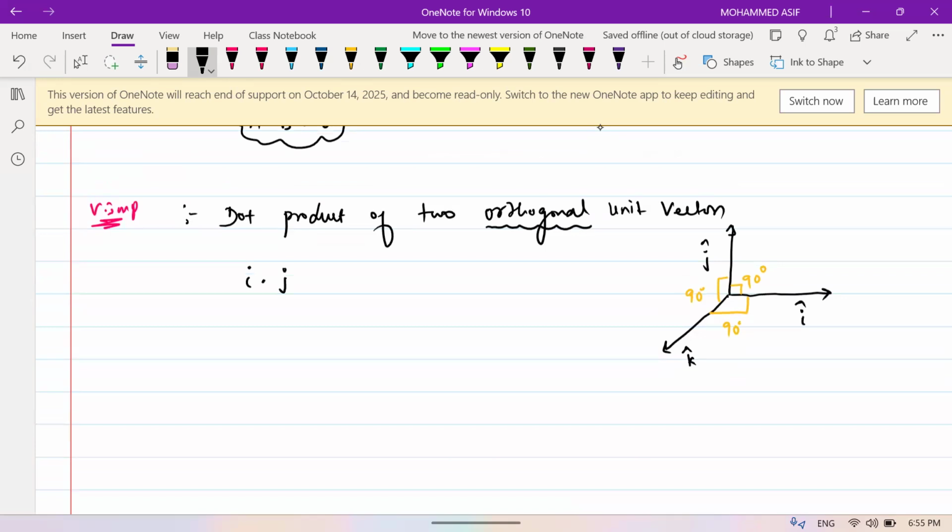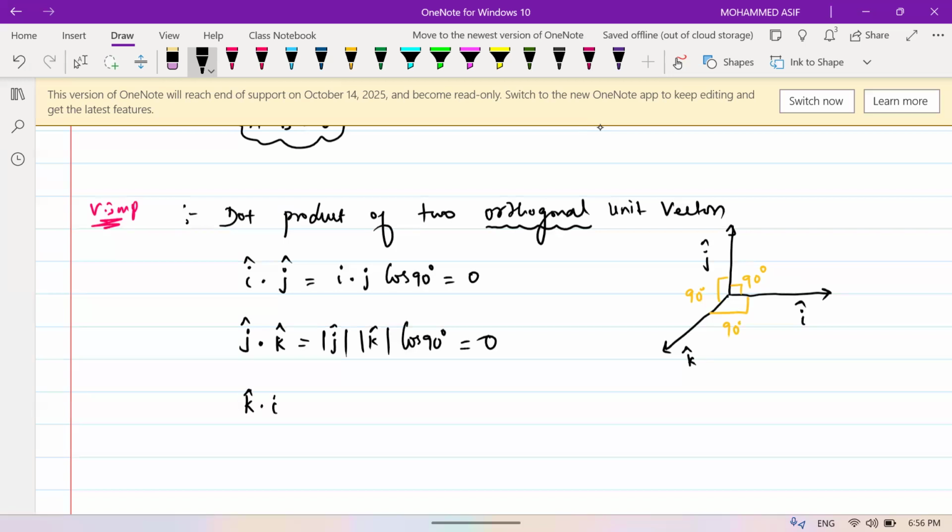If I'm talking about the dot product of these, like I cap dot j cap, it will be equal to how much, beta? I into j into cos 90. Cos 90 is how much for me? 0. Am I clear? Yes, sir. The same way, j cap dot k cap will be equal to mod of j mod of k into cos 90. What will it be? 0. Again 0.